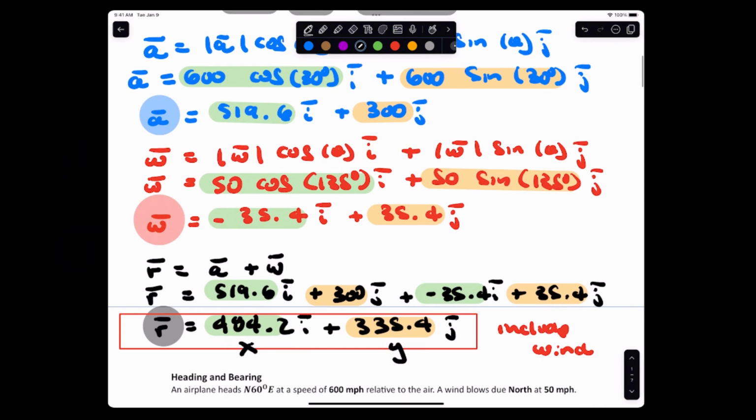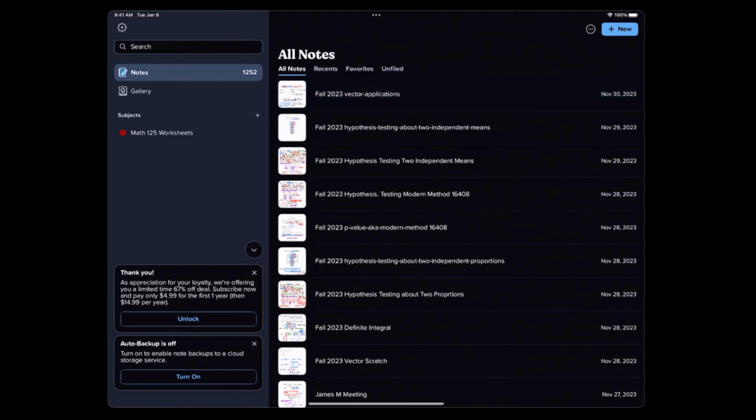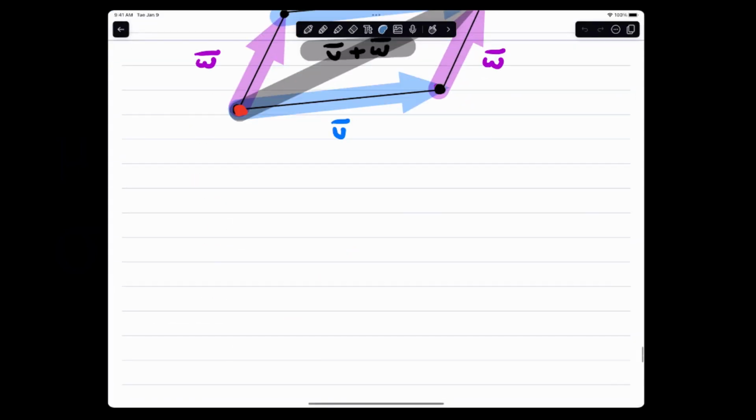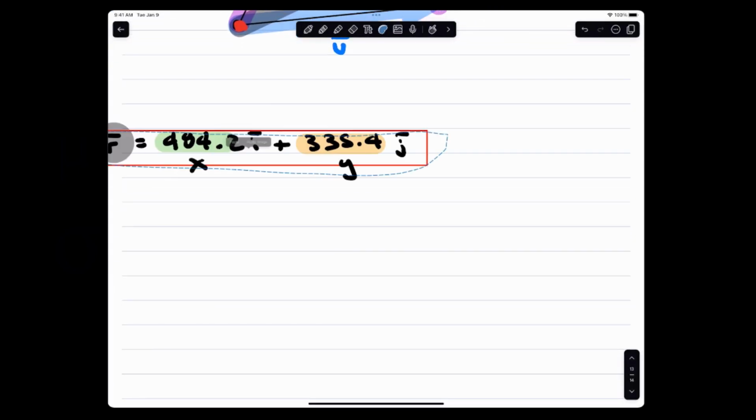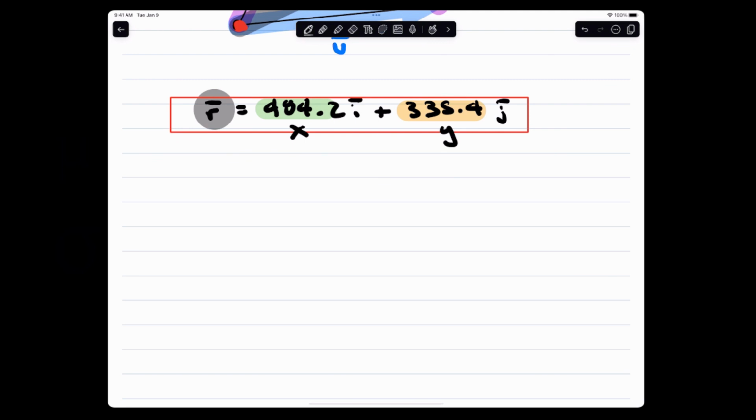Okay, so I'm going to have to copy this. Let's find the magnitude.